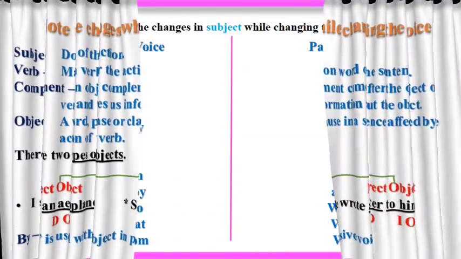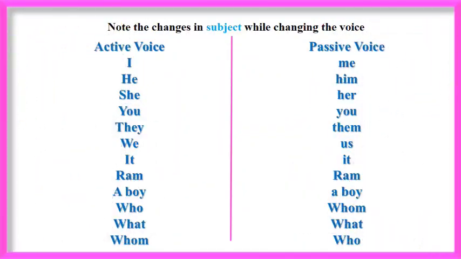Please note the changes in the subject pronoun while changing from active voice to passive voice. If we use I in active voice, it becomes me in passive voice. He becomes him in passive voice. She becomes her. You remains you.